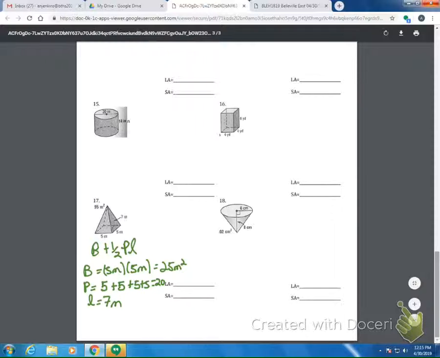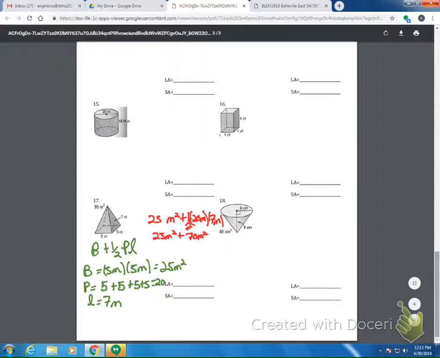So when you substitute this into your formula, you end up with 25 meters squared plus 1/2 times 20 meters times my slant height of 7 meters. So what is 1/2 times 20 times 7? It is 70 meters squared.